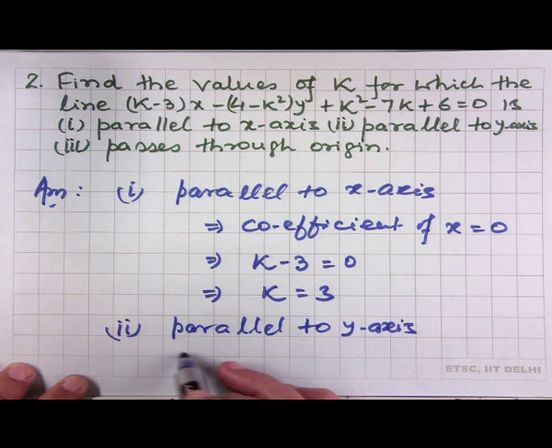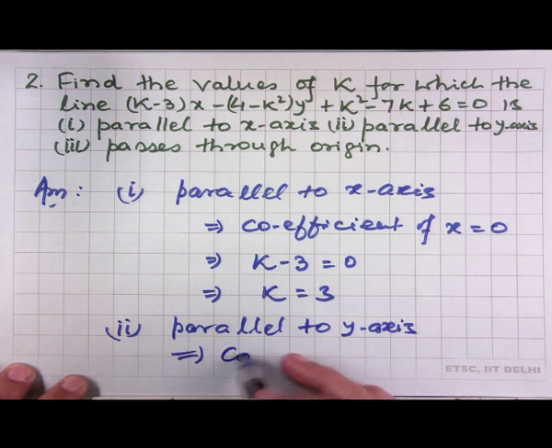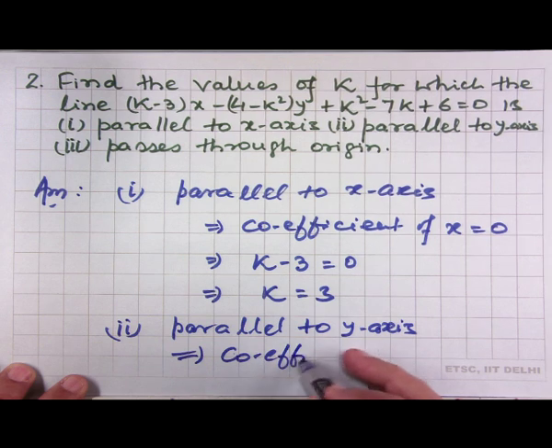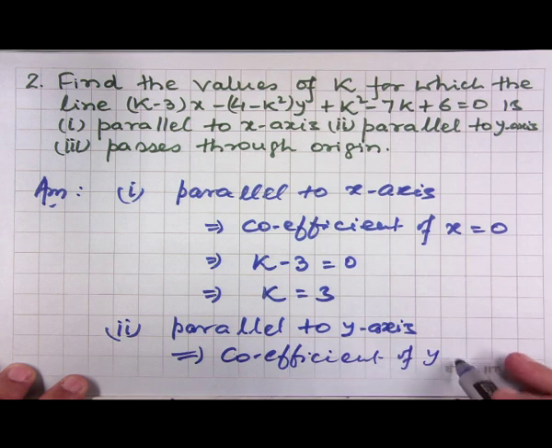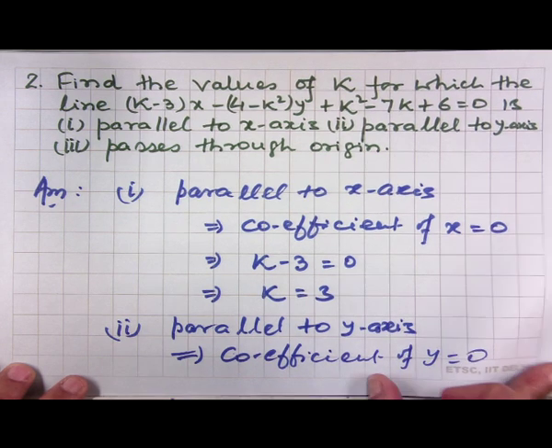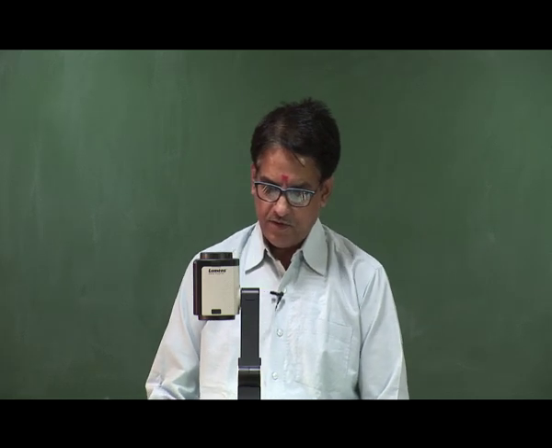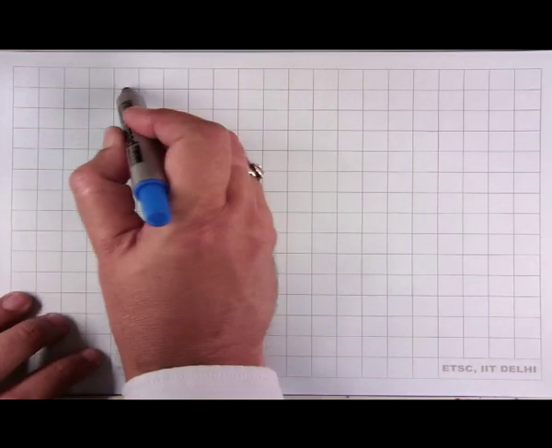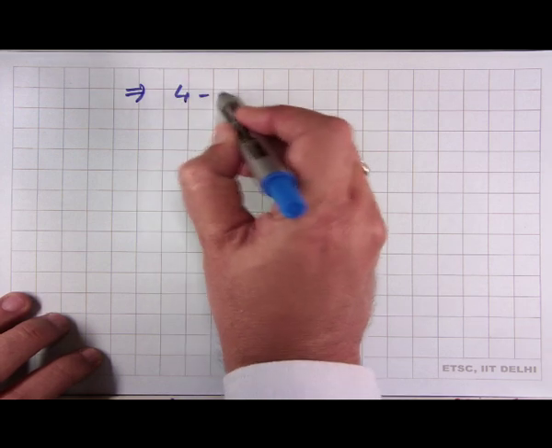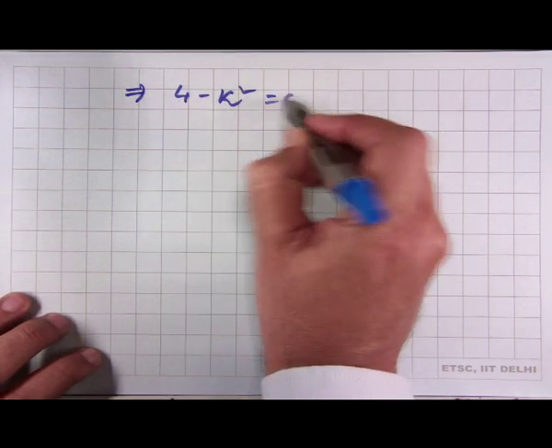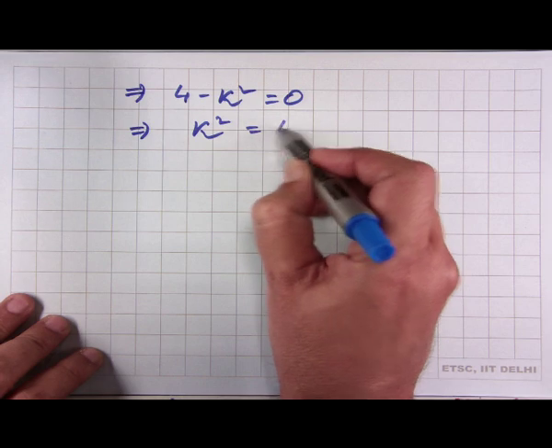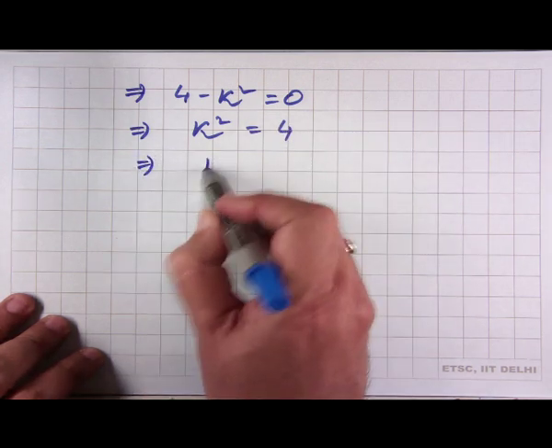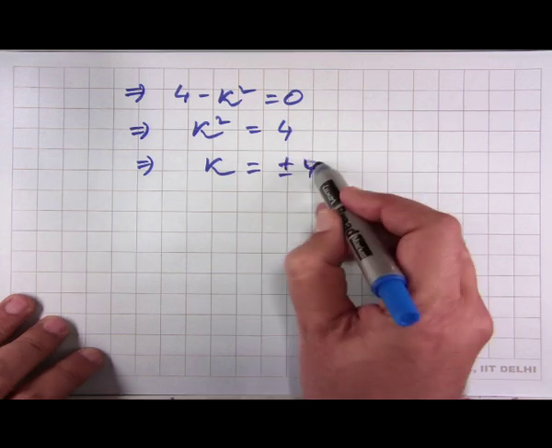So the coefficient of y equal to 0 means 4 minus k square equal to 0. This implies k square equal to 4. So this implies k is equal to plus minus 2.